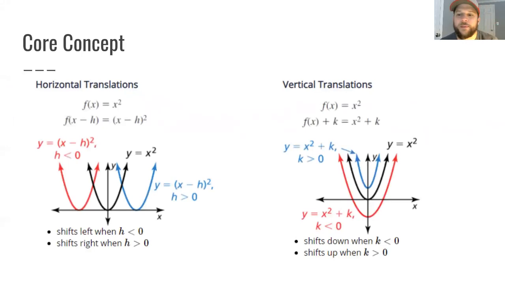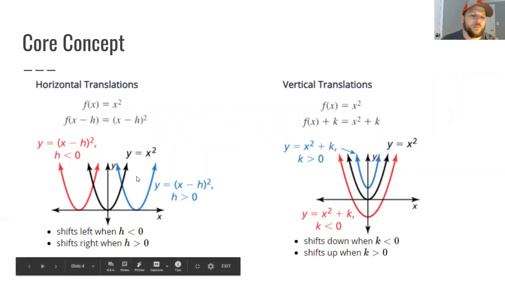So a couple different types of translations are horizontal and vertical, so left and right, up and down, just moving. The horizontal translations, similar to how they were being interacted in the linear and absolute values that we went over last chapter. Any number that is being added or subtracted inside your parentheses is always going to be moving in the opposite direction.